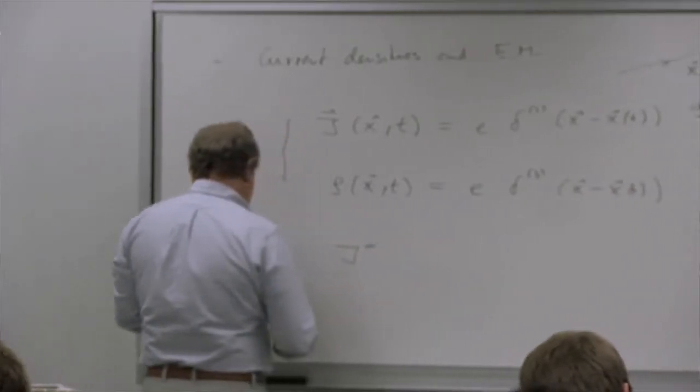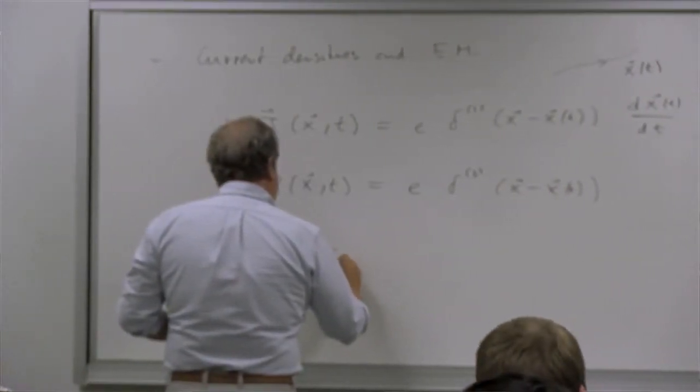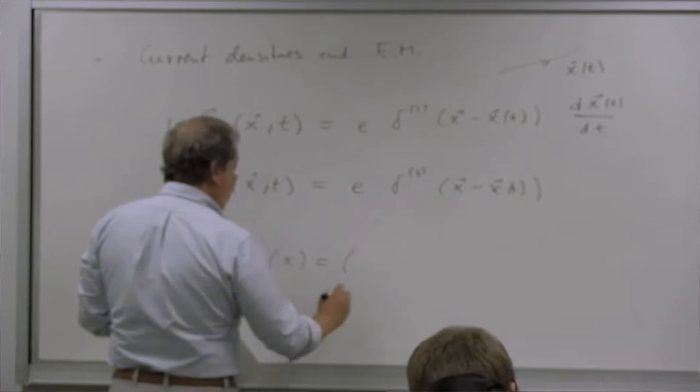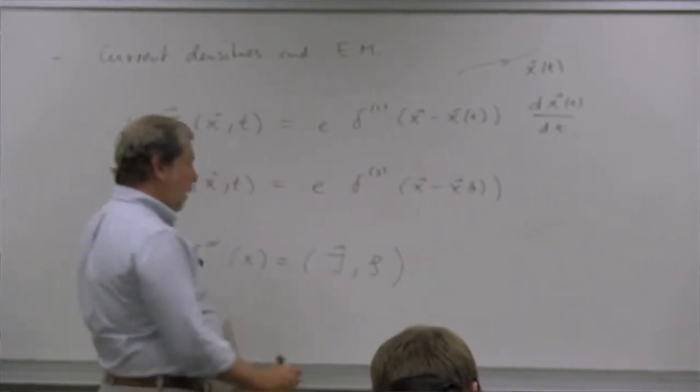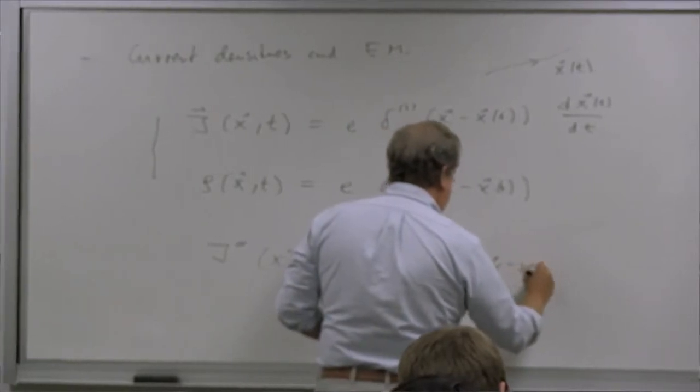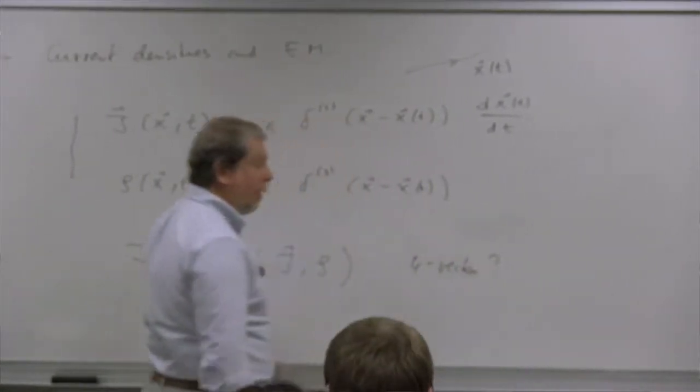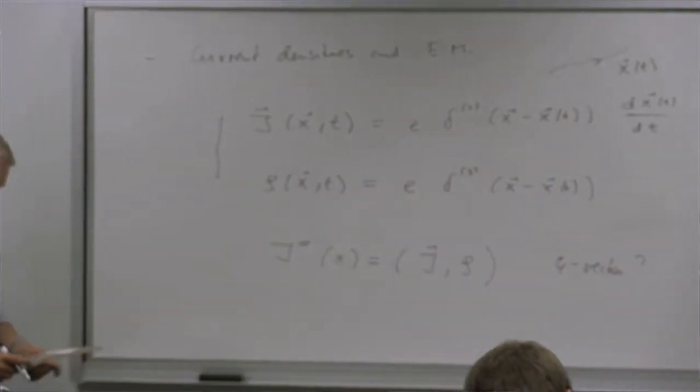J alpha, which depends on x, whose components are the J and the rho. And so this is a 4-vector, possibly.